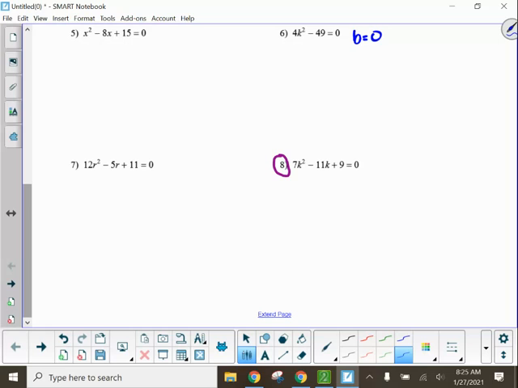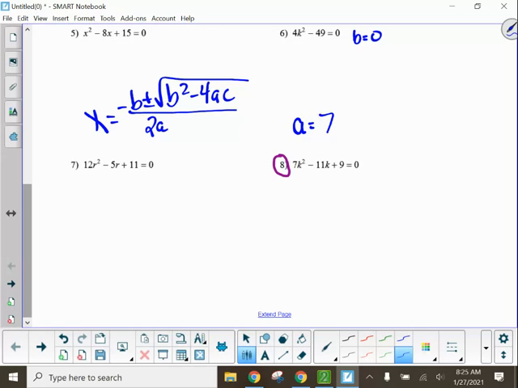So we're going to do number 8. So here's my quadratic formula again. If you have not already copied this down in your notes, I highly suggest that you do that so that you can have it to reference. So my A term for number 8 is 7. My B term is negative 11.